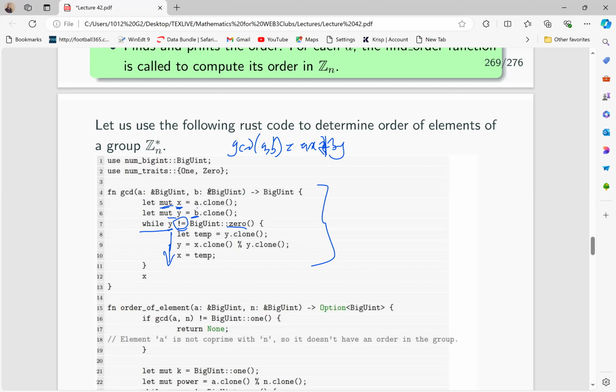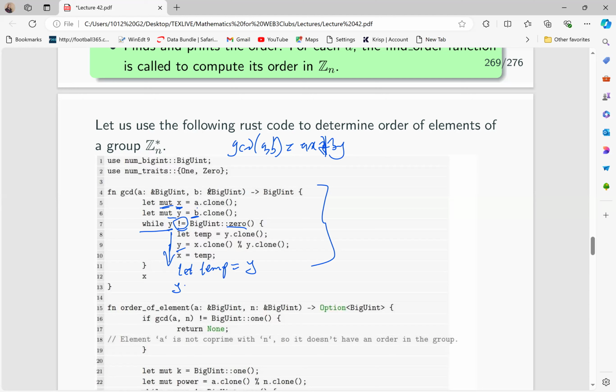So let Y be temporary. You store it as a temp. And then what becomes of Y?